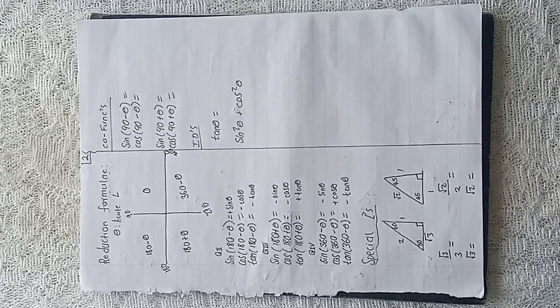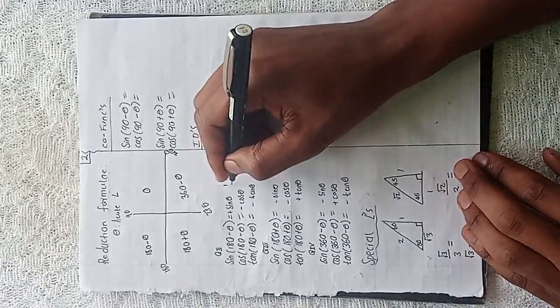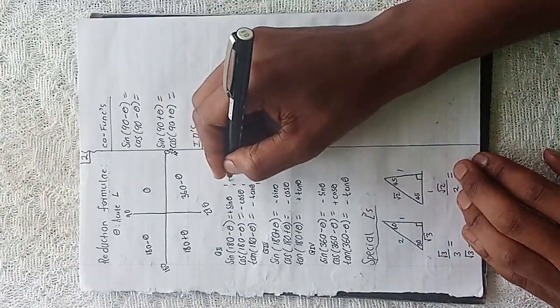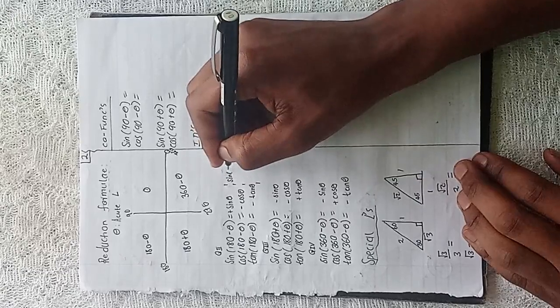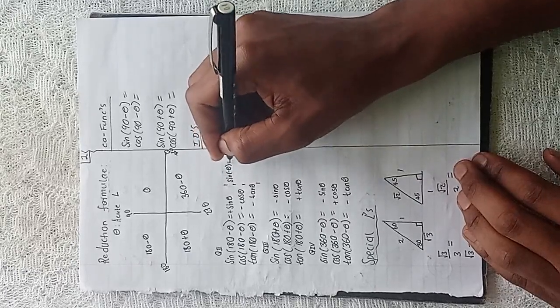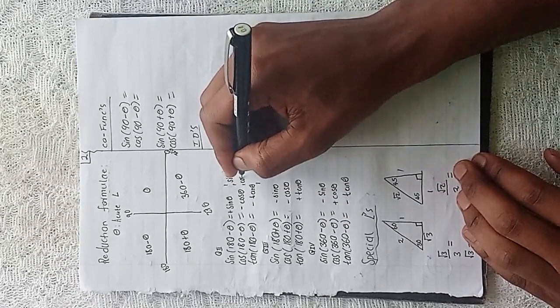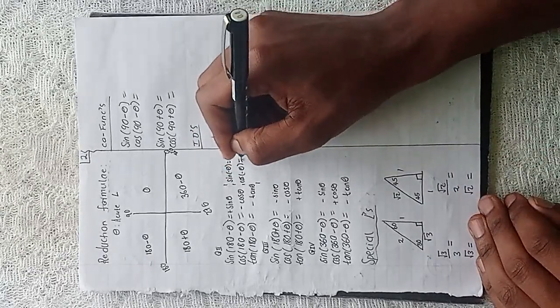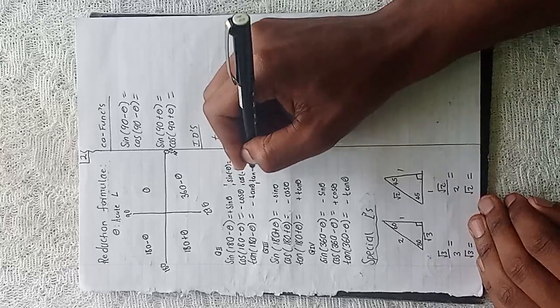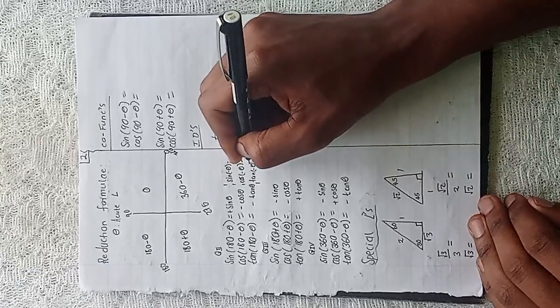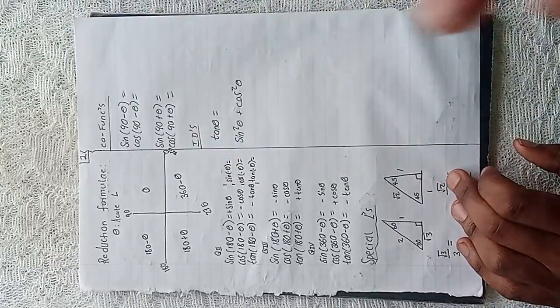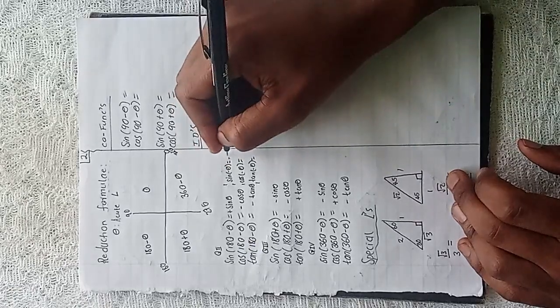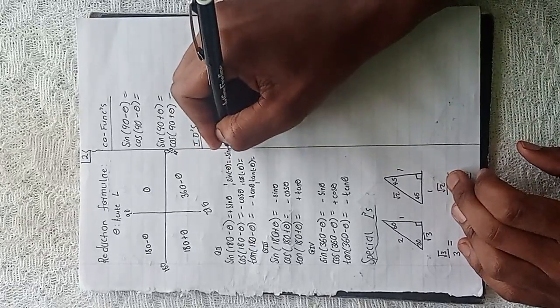Okay. Also, I would like you to note these. If you have sine of negative theta, cos of negative theta, tan of negative theta. So sine is an odd function, which means it will be negative sine theta.